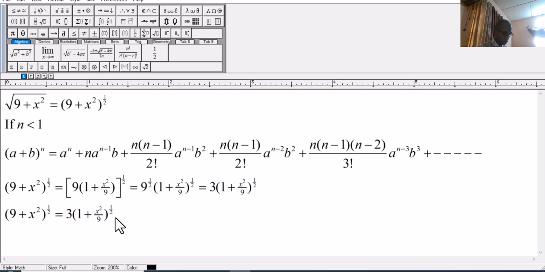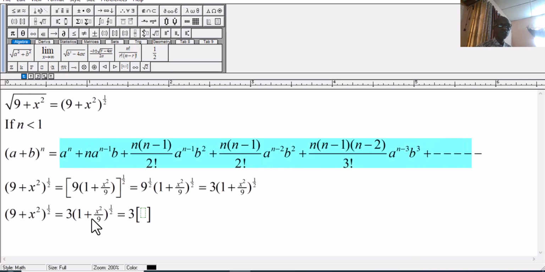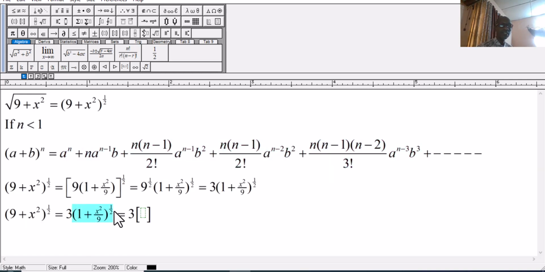So I can say 3 in bracket. Now we're going to follow this formula, this pattern, in order to expand this one.